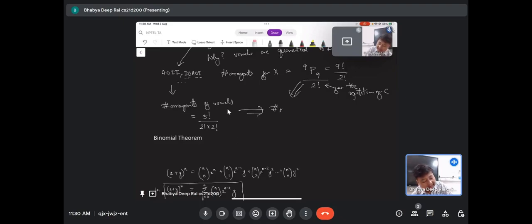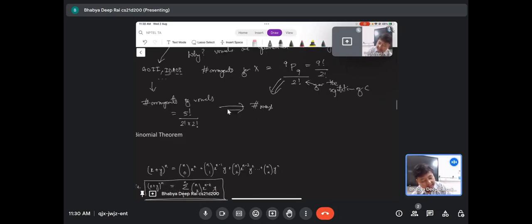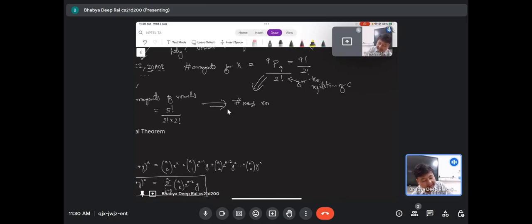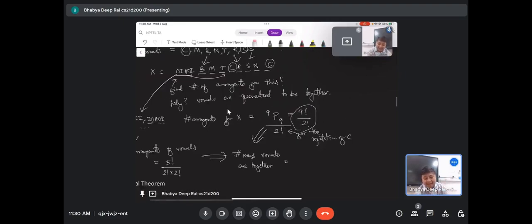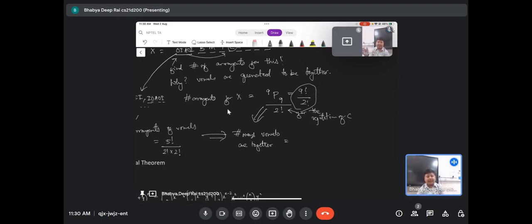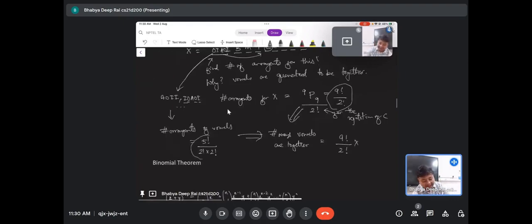So the number of ways that vowels are together equals, firstly, the number of ways that they are together in this particular order, the O, I, A, O, I form, and then take care of the rearrangements. This is 9 factorial divided by 2 factorial, times the rearrangements of the vowels themselves.